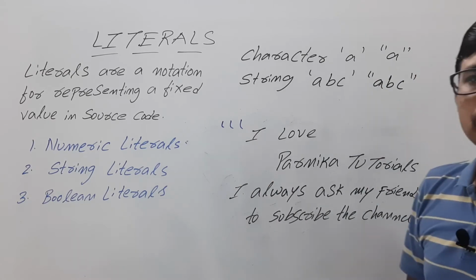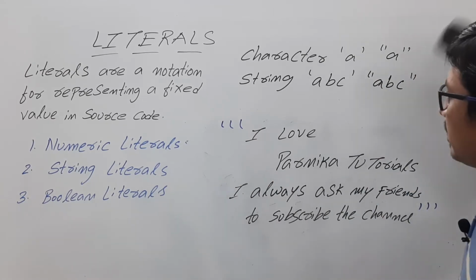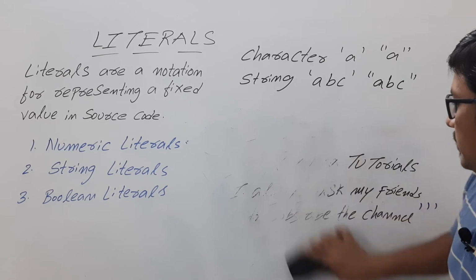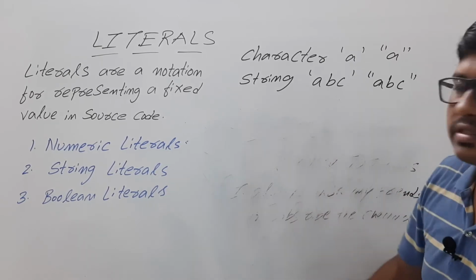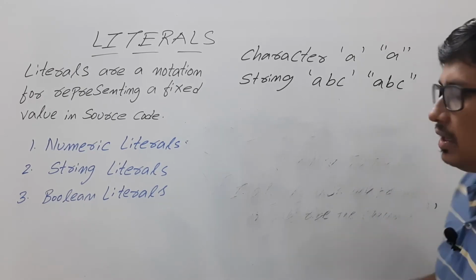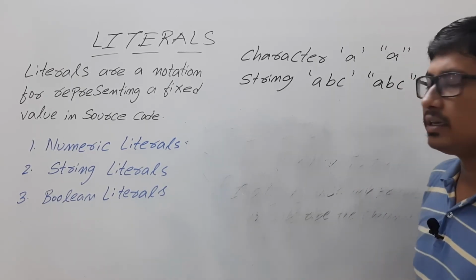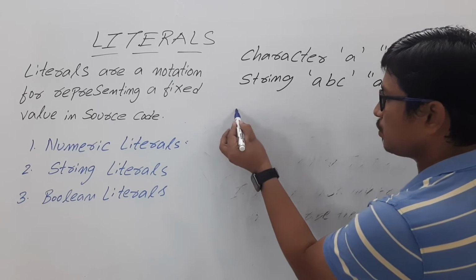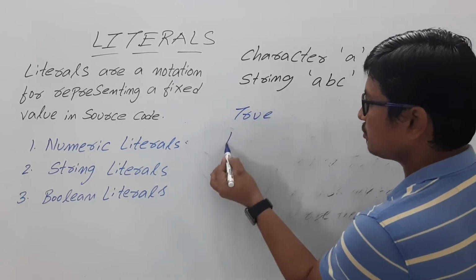Now we have the Boolean literals to represent true or false. Let me discuss them with an example for you. We have two things: one is True and another one is False.